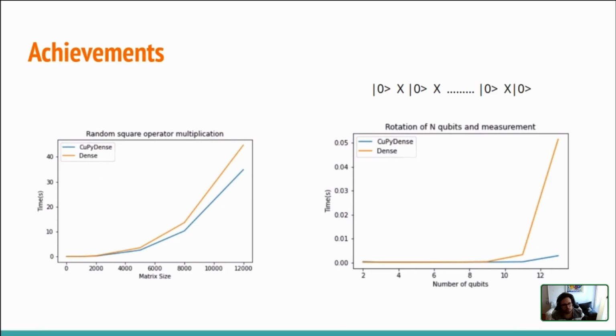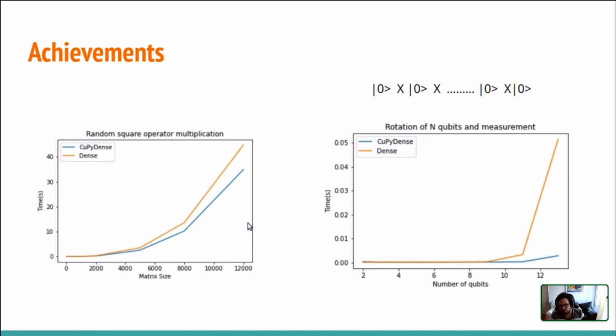If you take a look here at the graph on the left, what we did was take random square operators, and we multiply them, and we have the timings versus the matrix size. We see that the gains are more important as the size of the matrix increases.